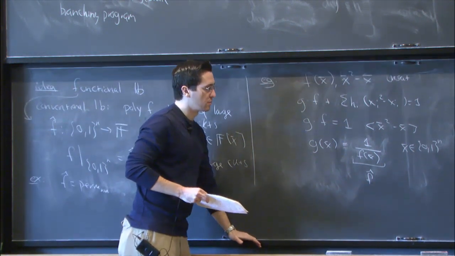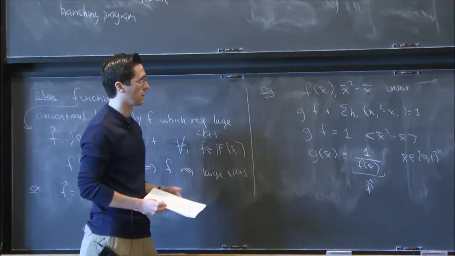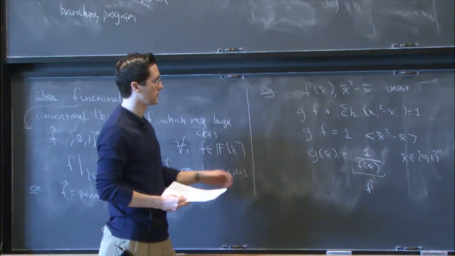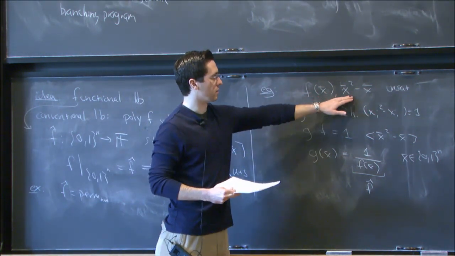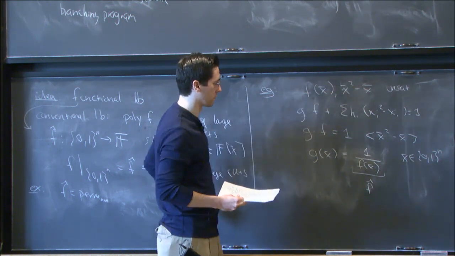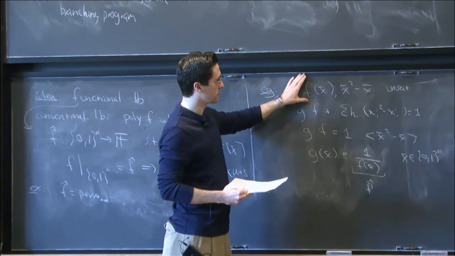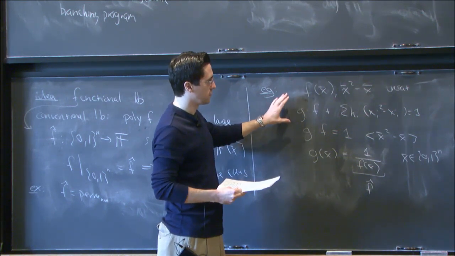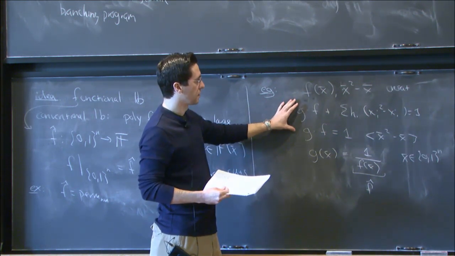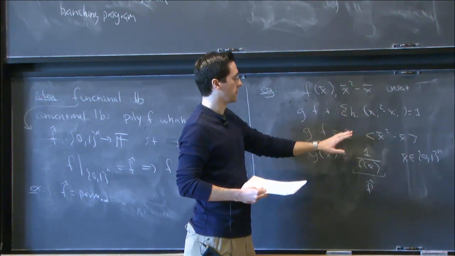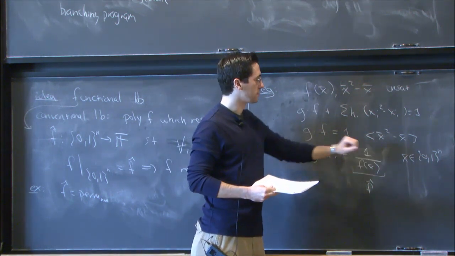Now, how does this apply to IPS lower bounds? Suppose you had a system like the following. Let's do a system and then relate it to functional lower bounds. If this is unsatisfiable, an IPS refutation must be of this form by definition. These h_i's are very annoying, so let's just get rid of them and work modulo this ideal.